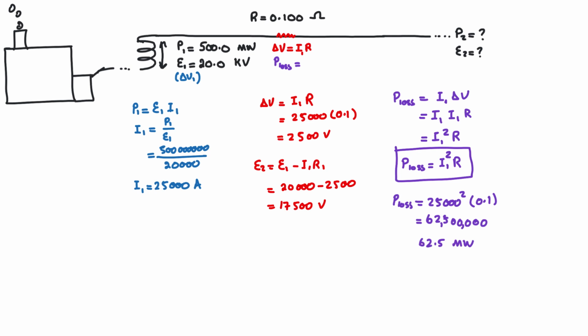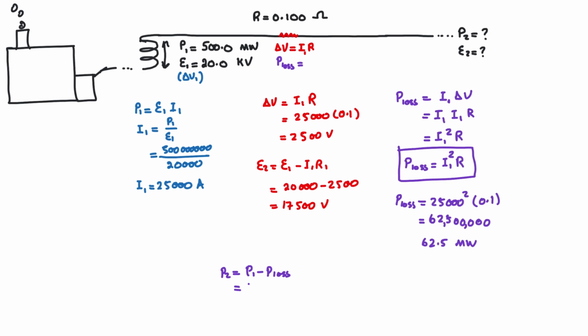So to find power 2, that's going to equal power 1 minus the power that we lose, and that's going to equal 500 minus 62.5, giving me a total of 437.5 megawatts of energy available at this stage over here.